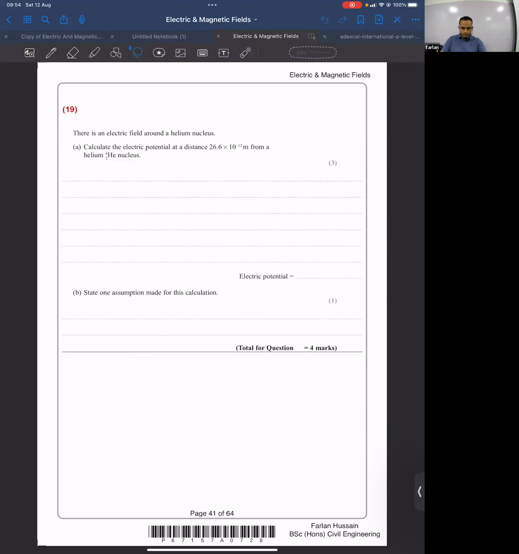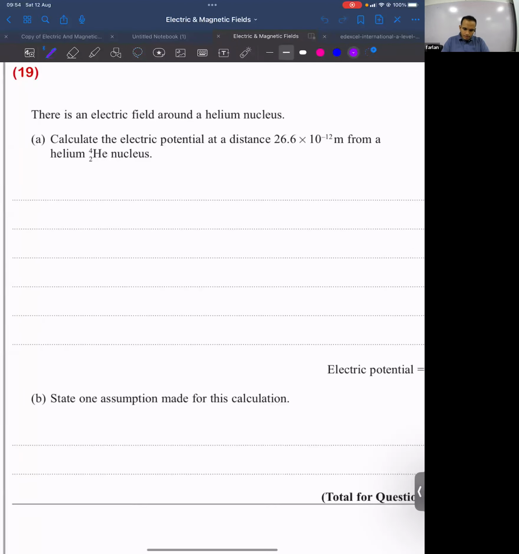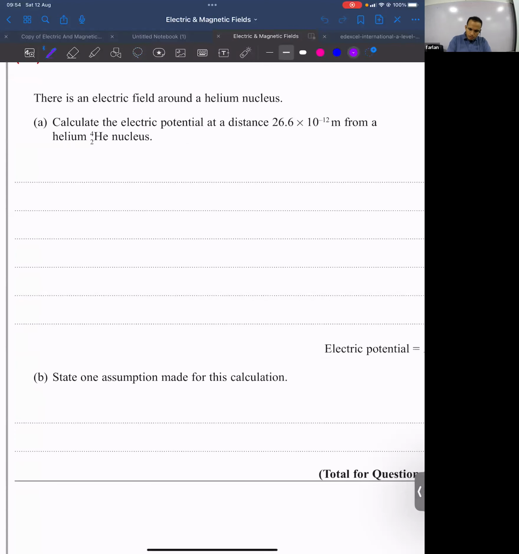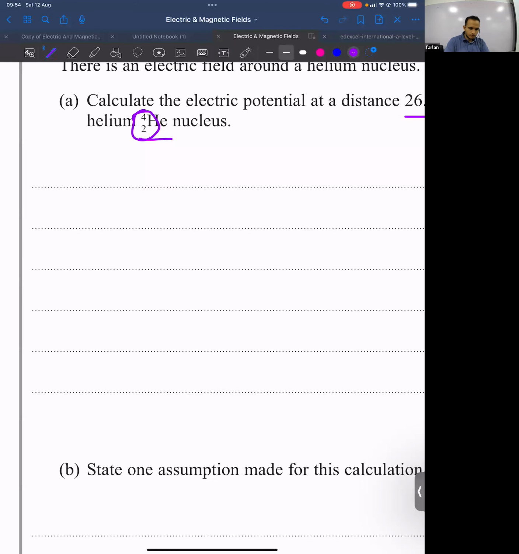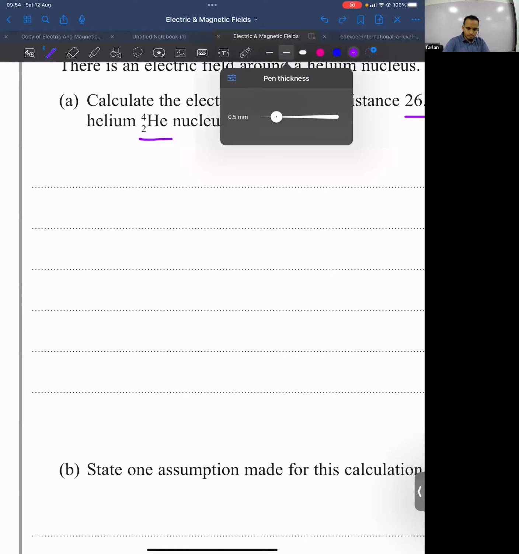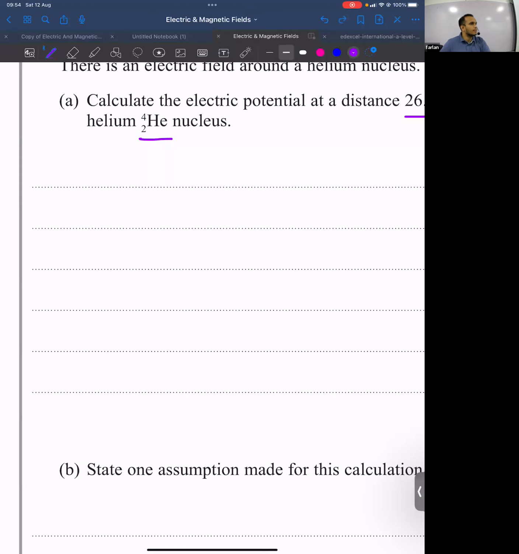Question 19. There is an electric field around the helium nucleus. Calculate the electric potential at a distance of 26.6 into 10 to the power minus 12 meters from a helium 2,4 nucleus. So guys, the helium nucleus consists of what and what? 2 protons and 2 neutrons.